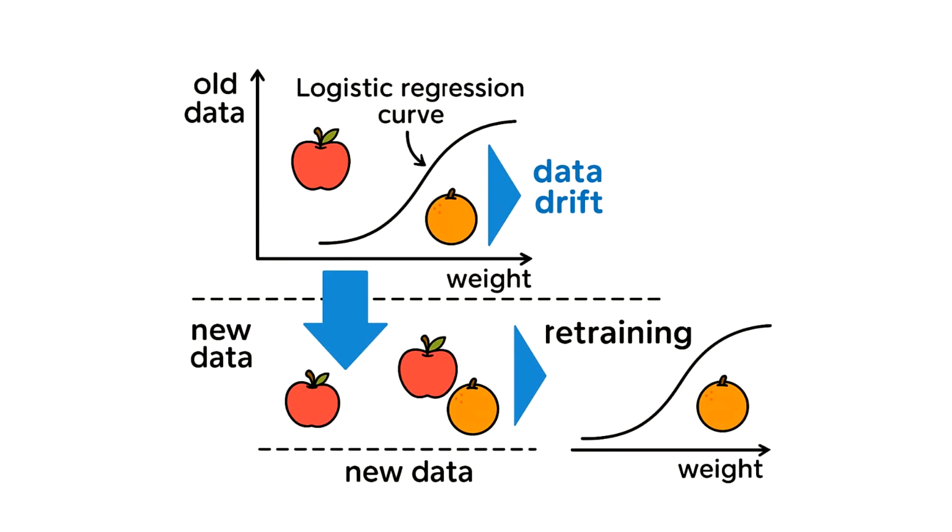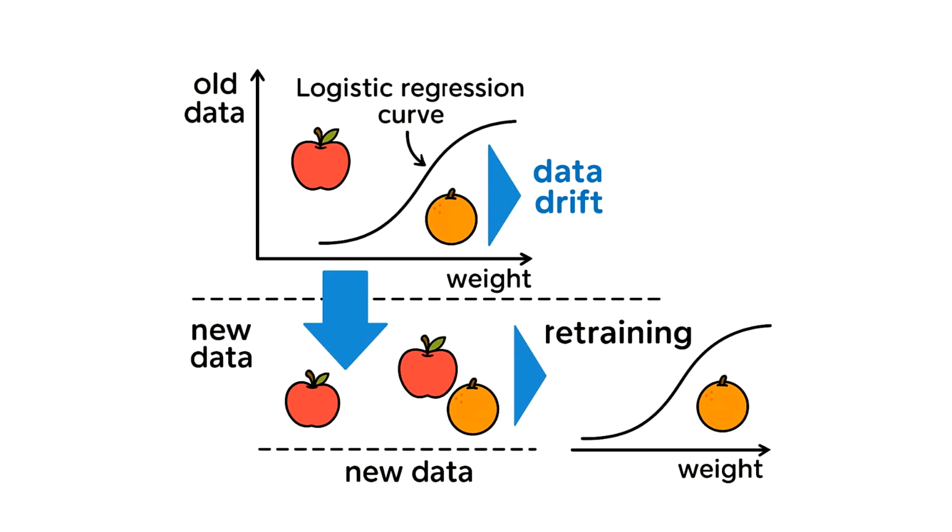So this is the initial training data. When we first train a model, it learns from this data. For example, fruits like apples and oranges with certain weights and skin texture. Based on this, the model figured out a good rule, maybe something like: if weight is above 150 and skin is smooth, it is an apple. Like that, it has figured out something.